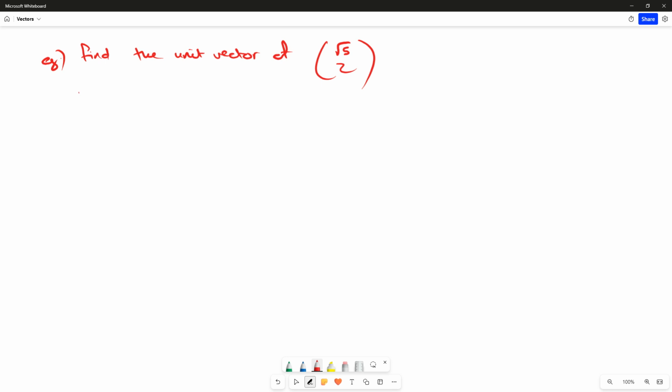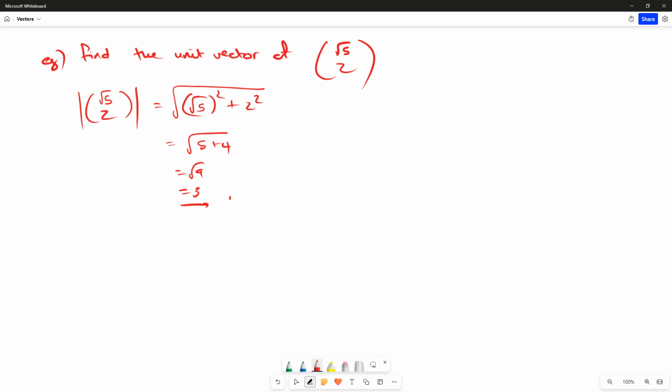The magnitude of that is equal to the square root of 5 squared plus 2 squared, which is 5 plus 4, square rooted, which is 9, which is 3. And so that's the magnitude.